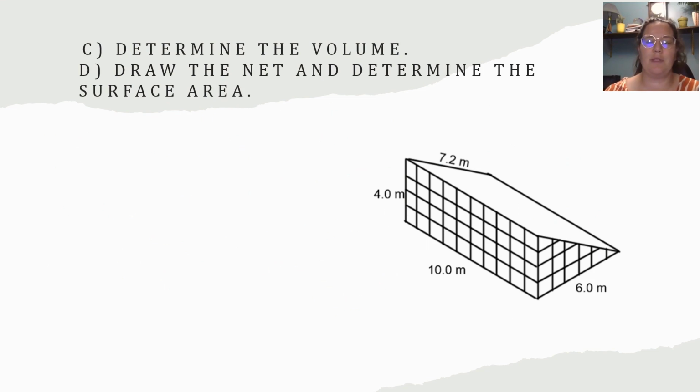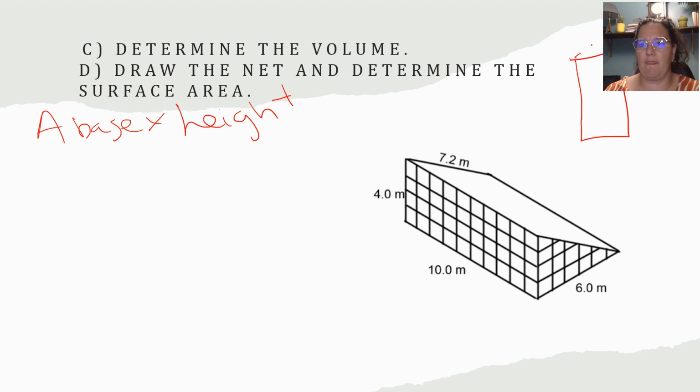Okay, we have one more here where we're going to be determining the volume. Again, we're going to look at the area of the base multiplied by the height. So we're going to stand it on its end. And we're going to have 4 multiplied by 6 divided by 2, because it's a triangle.